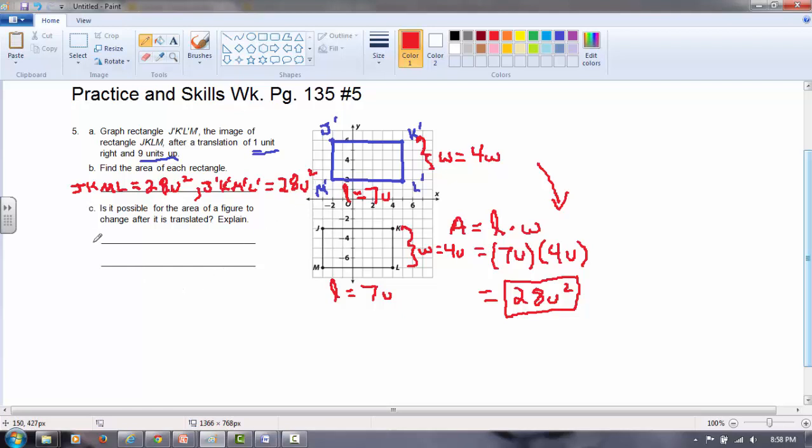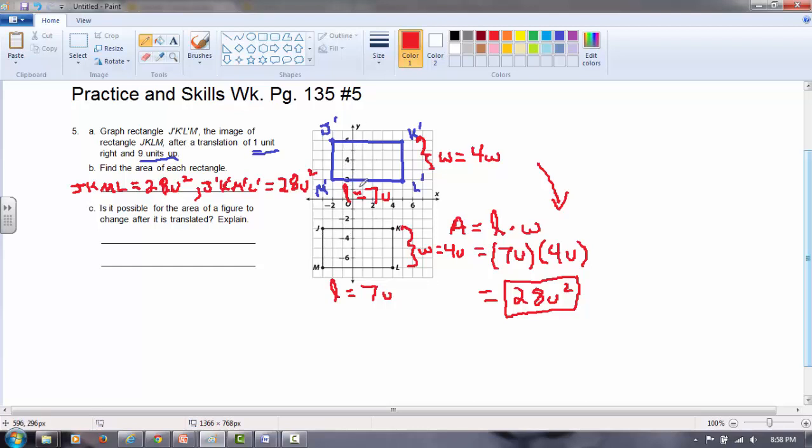Okay, and then the question that's asked over here for C says, is it possible for the area of a figure to change after it is translated? Explain. Okay, well, if we take a look at our pre-image and do the translation over to our image, you're going to notice that the sides and the angles have remained the same. So they are congruent.